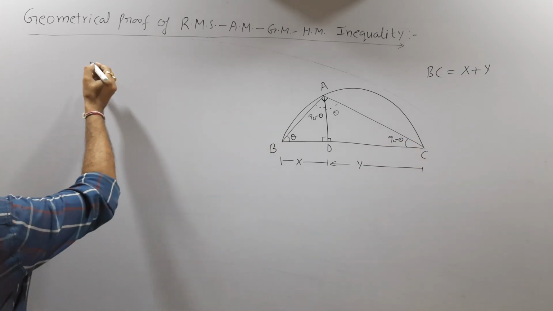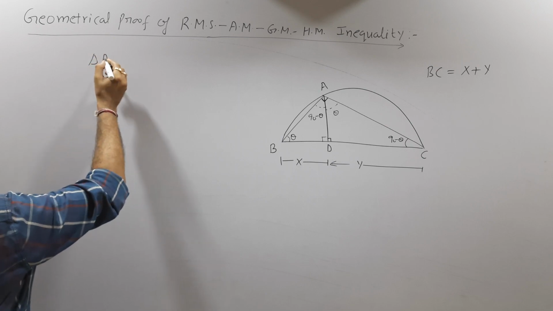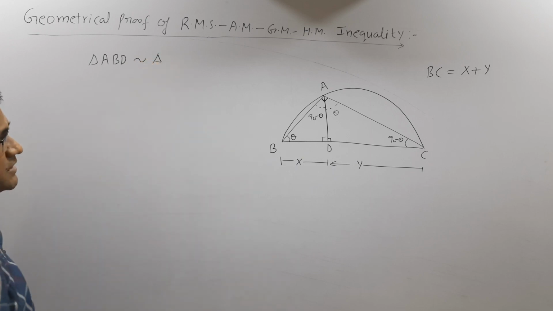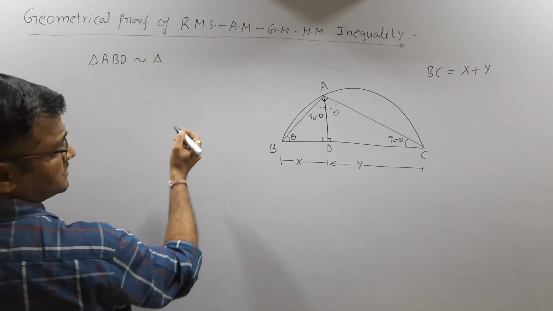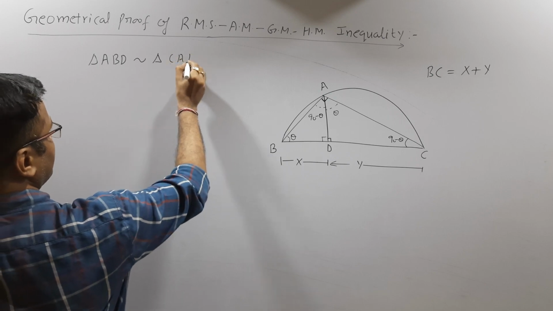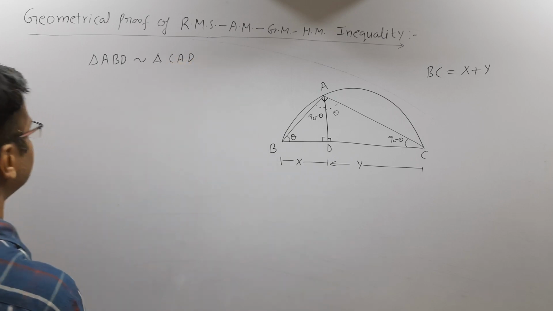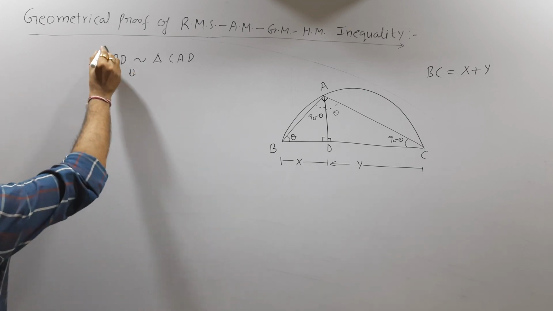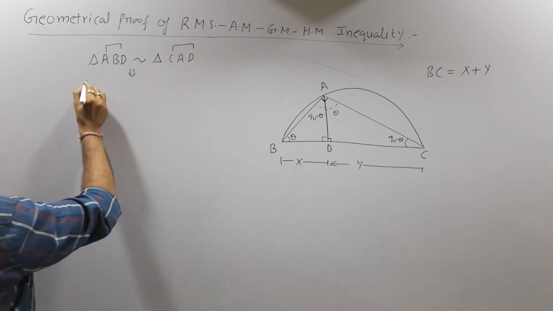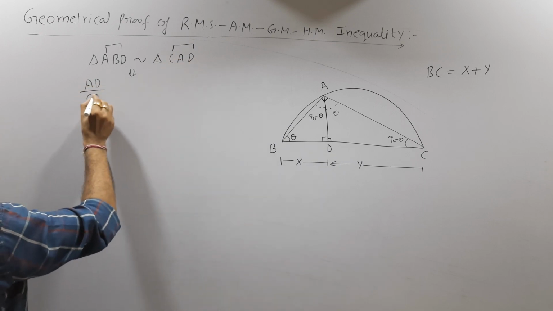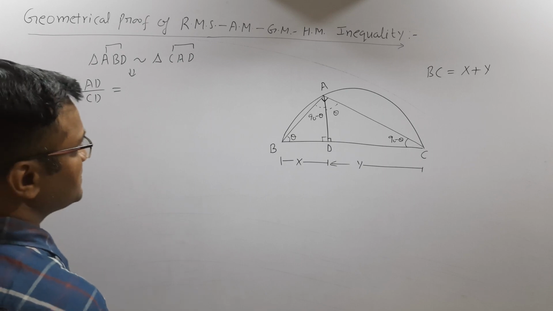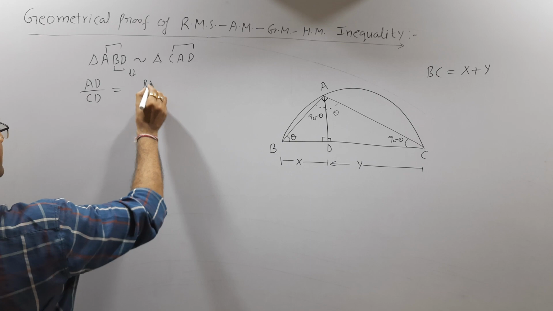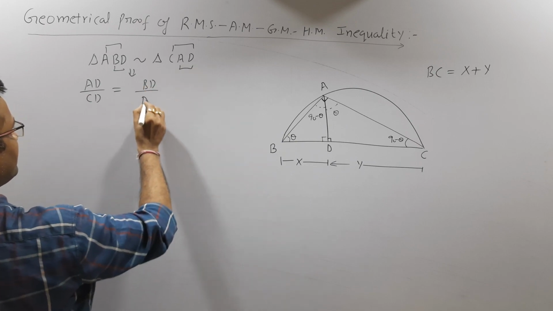So we can say that triangle ABD is similar to triangle CAD, and if two triangles are similar, then their corresponding sides are proportional. AD upon CD equals BD upon AD.